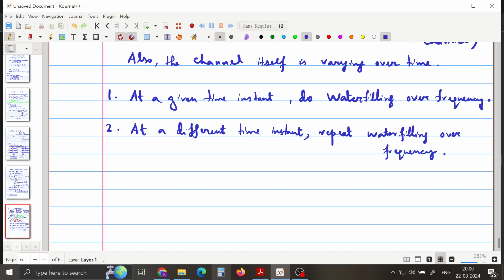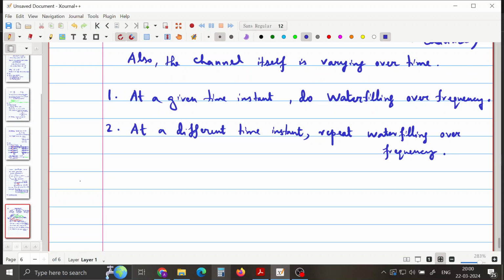The frequency selective attribute of the channel tells me to do water filling over frequency at a given time instant. But since the channel itself is time varying, we are looking at wireless broadband channels which are time varying. Therefore, we have to go to a different time instant and repeat that water filling over frequency. So both time domain and frequency domain are involved. Therefore, water filling over time and frequency are performed.